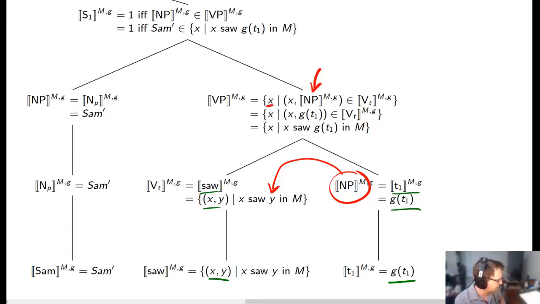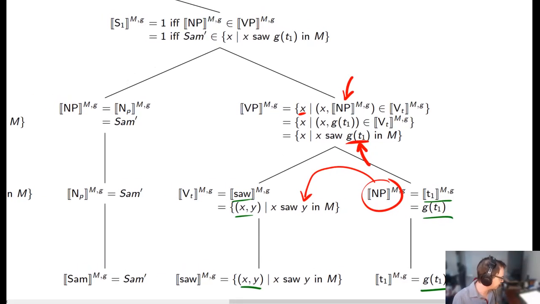We've substituted in our noun phrase for that y position, and we evaluate it now as the set of x, such that x saw g of t1 in M. So instead of having a proper name there, like we would before, now we have a trace. But same process as before. So the rule hasn't changed. It's just what it looks like has changed because we have a function there instead of a name.